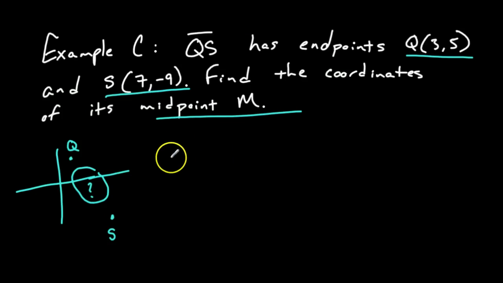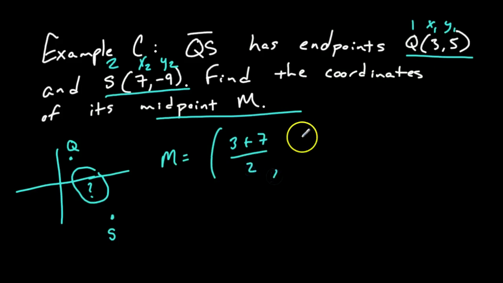Alright, we said that midpoint equals, we'll call Q 1 and S 2, right? So that means that that's x1, y1. This over here is x2, y2. Our midpoint then is going to be x plus x, 3 plus 7 divided by 2, and y plus y, so 5 plus negative 9 divided by 2.